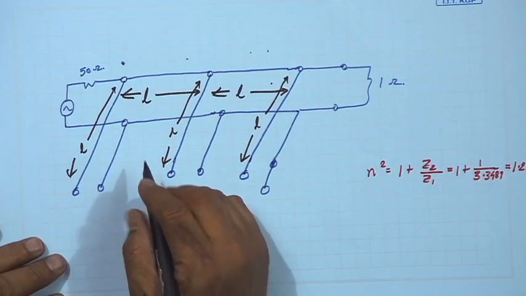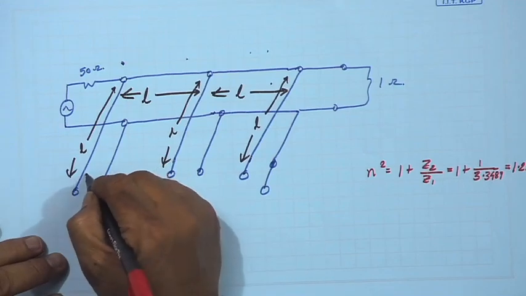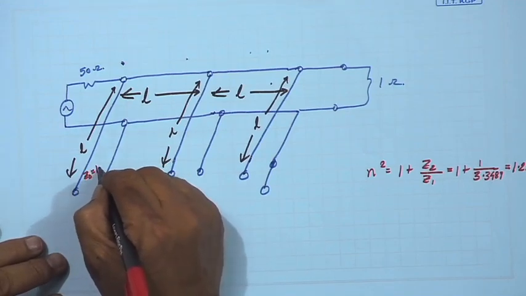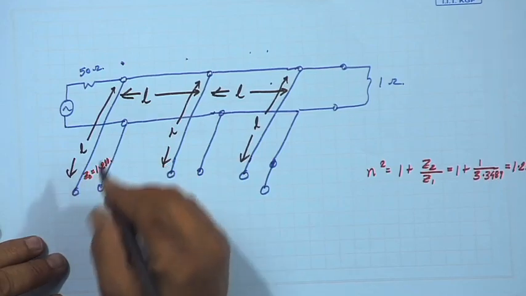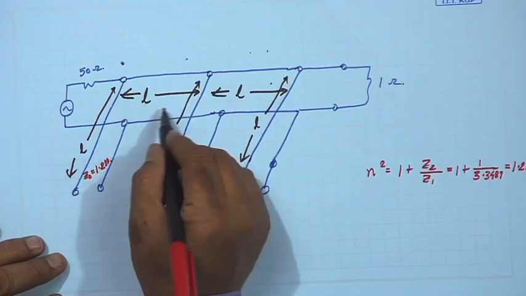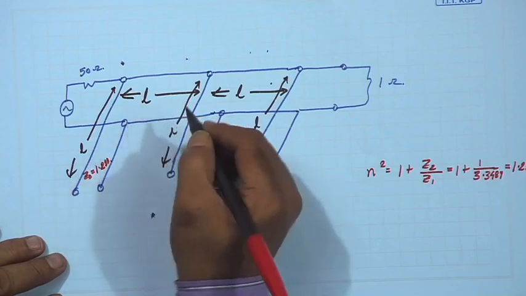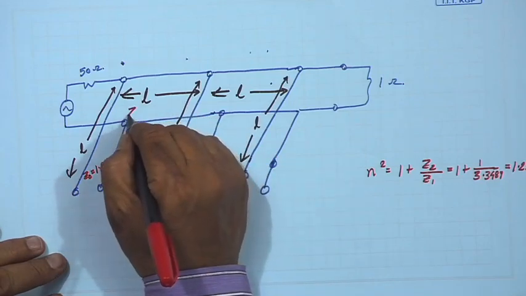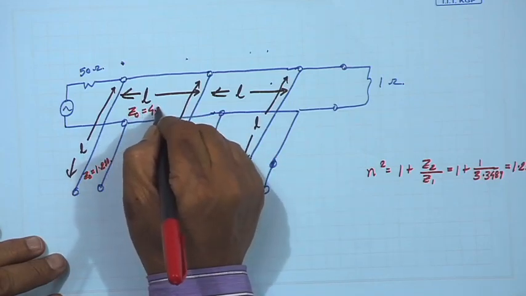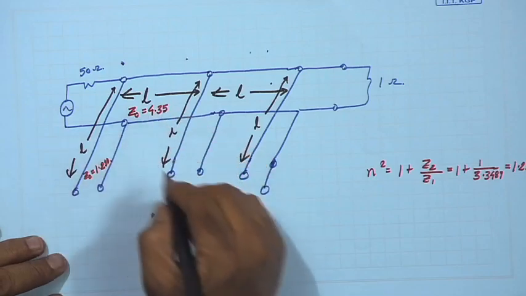So, the first one will have a characteristic impedance of 1.299. Then for this unit element, with that ratio, it is 4.35.